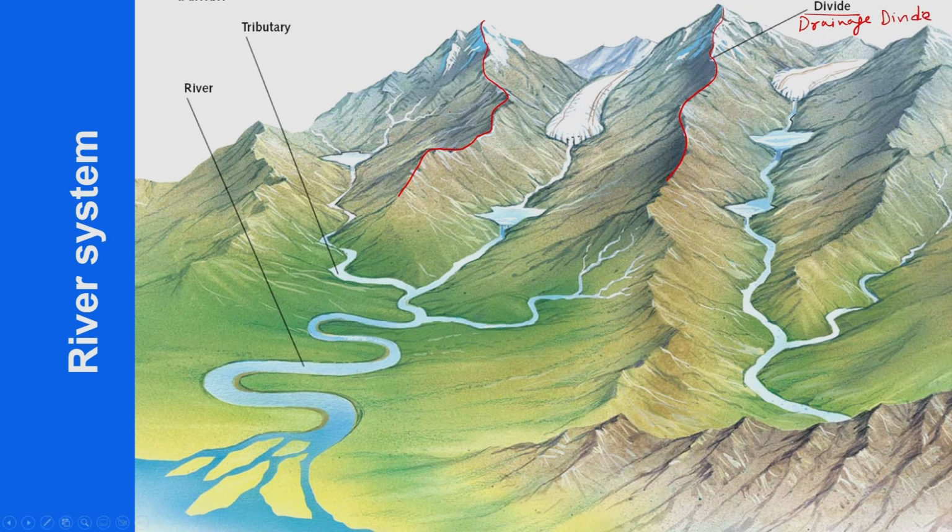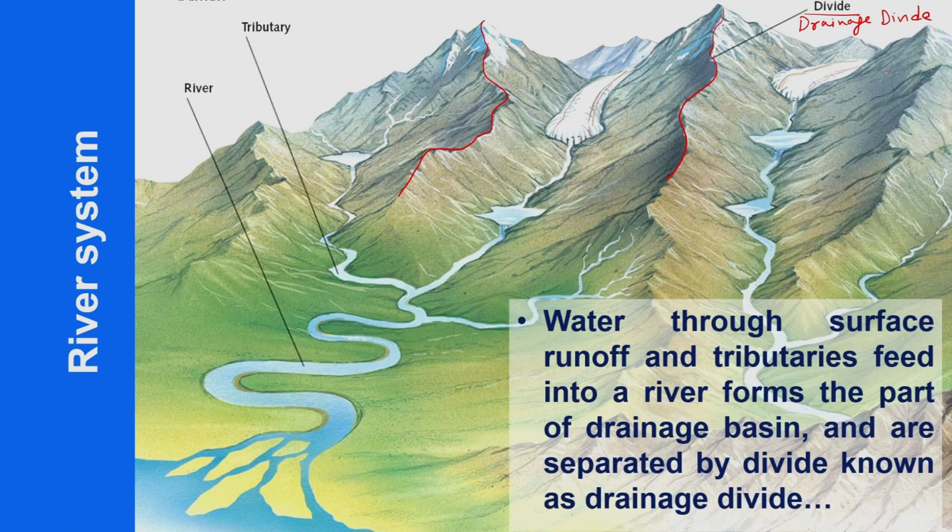You have multiple drainage divides which will be seen along the terrain. Water through surface runoff and tributaries feeding into a river forms part of a drainage basin, and basins are separated by what we call the drainage divide. So these are the drainage divides.